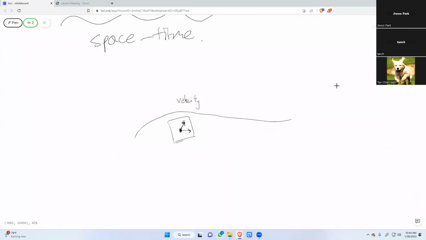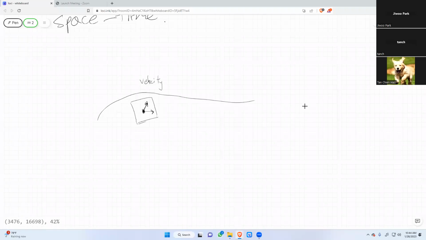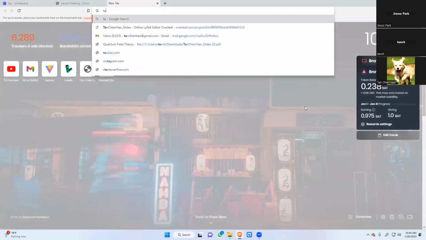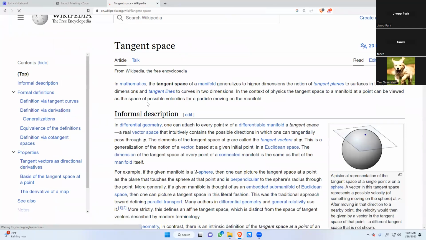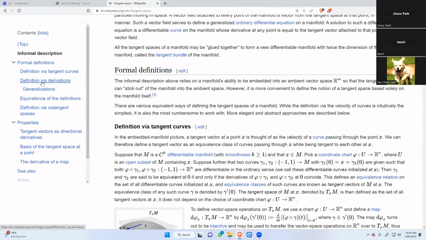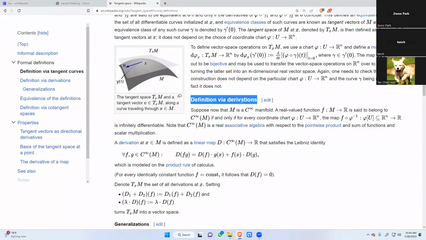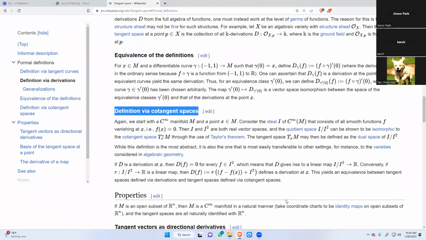what is the most natural way to describe these arrows? There are a few equivalent definitions. If we search tangent space, we can see equivalent formal definitions. There's a way to describe it using tangent curves, a way using derivations, and even one via cotangent spaces.